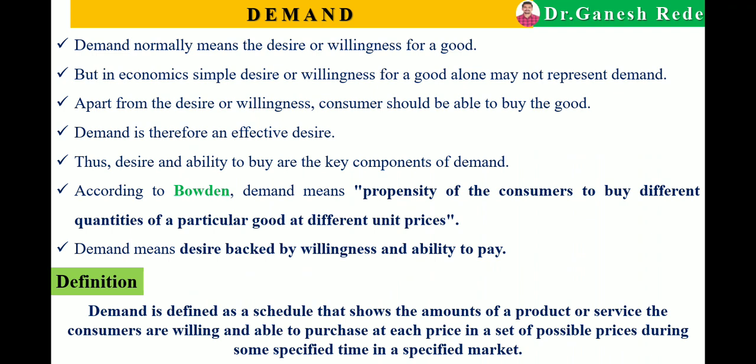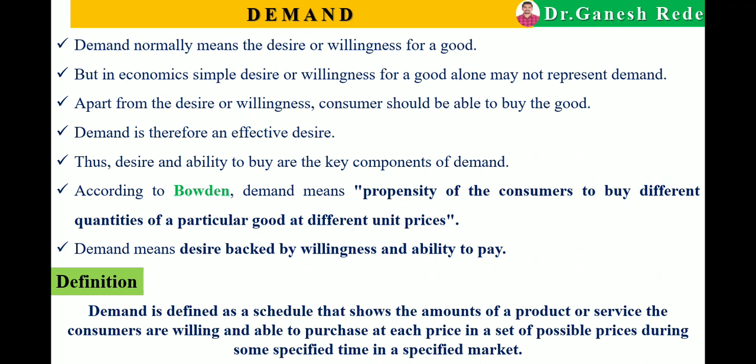In the language of economics, that ability means that person must have the power to purchase that good. So apart from desire or willingness, the consumer should be able to buy the good. So demand is therefore an effective desire.